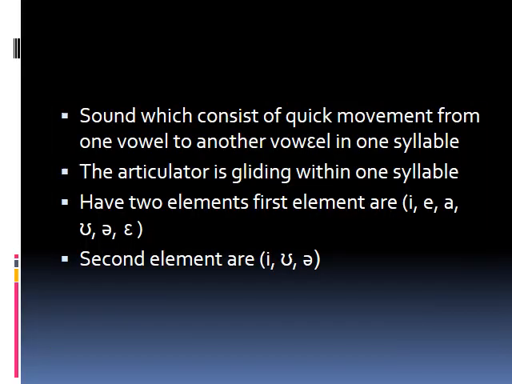It makes a quick movement. As a note, a sound which consists of quick movement is the same as vowel gliding, from one vowel to another vowel in one syllable, as I have illustrated. The articulator in this case is the tongue. The tongue moves from one position to another position, just like the illustration.